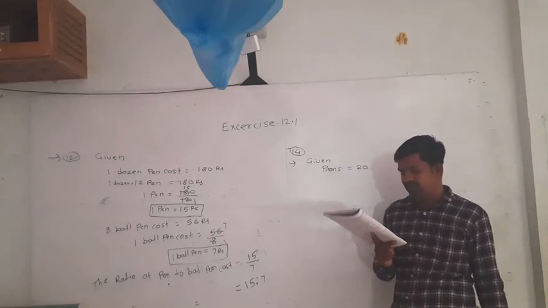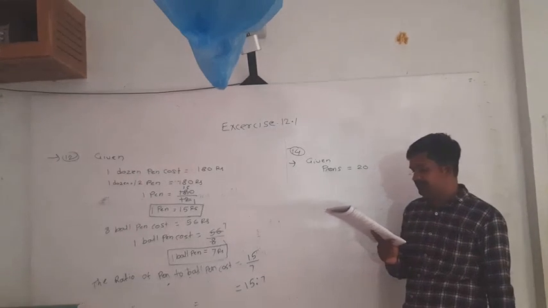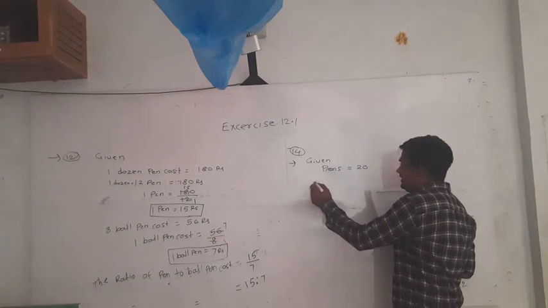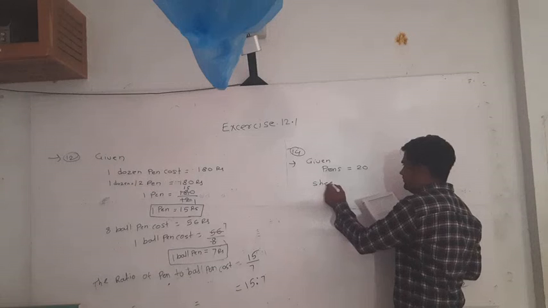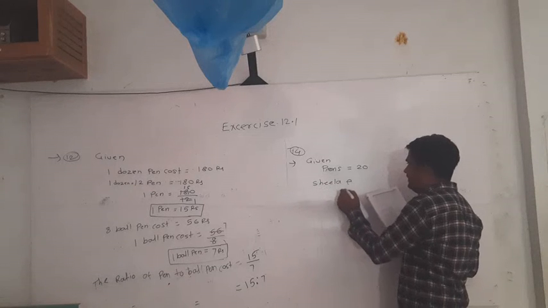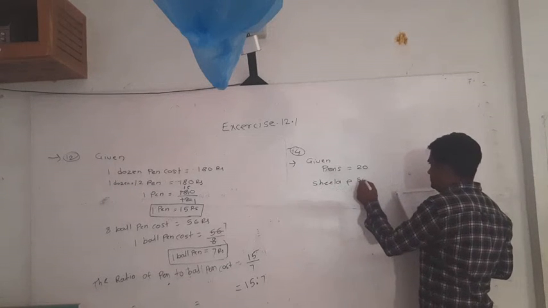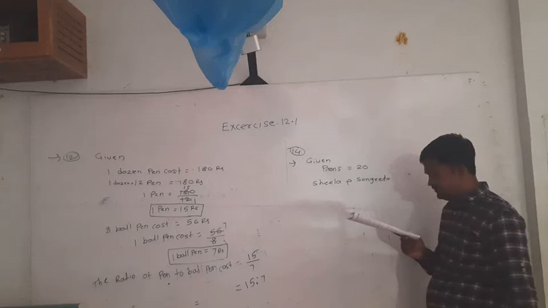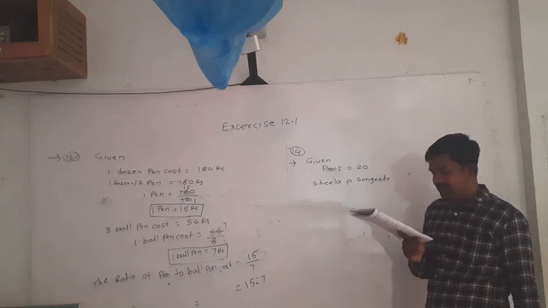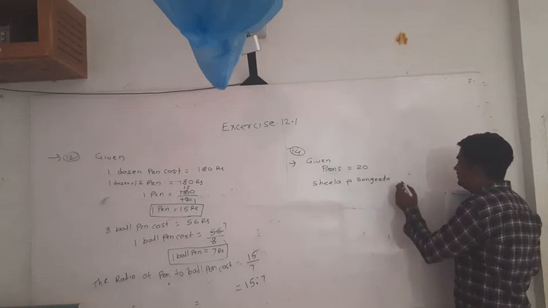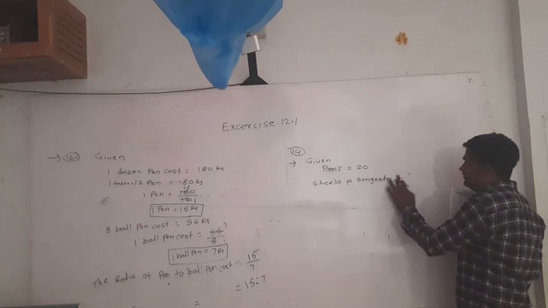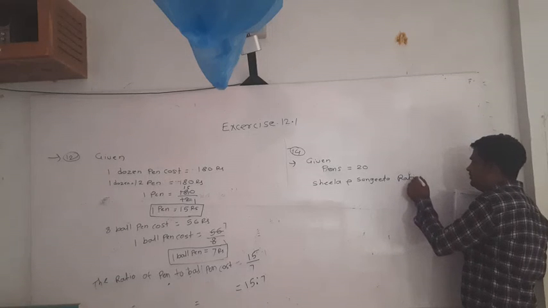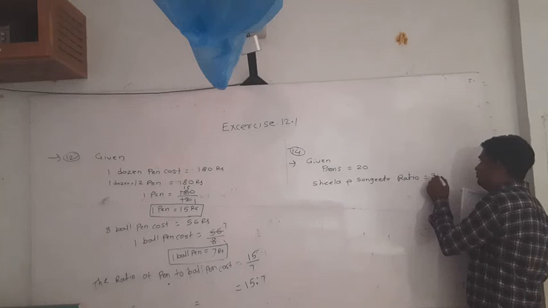And what do you want? The ratio of Sneha and Sangeeta is given. Which ratio is given? 3:2.